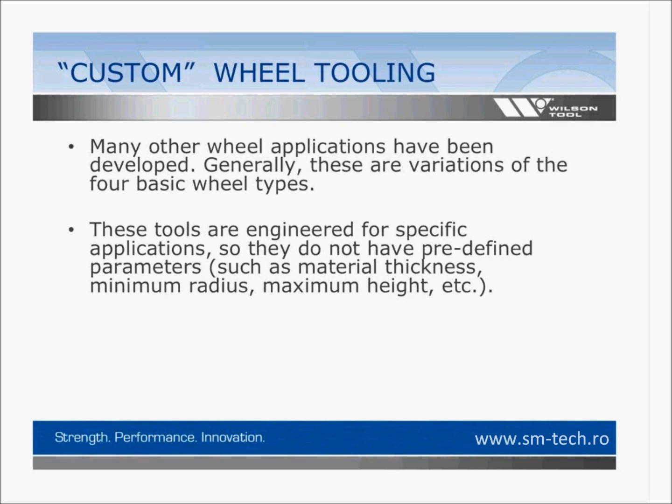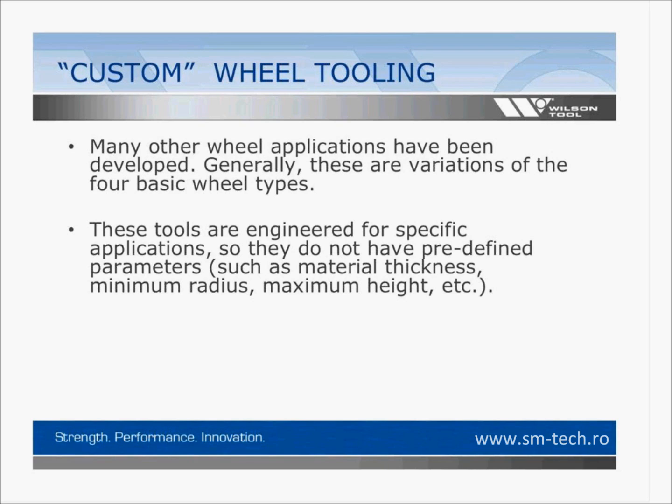We just talked about four basic wheel tool types: the rolling shear, the rolling picture, rolling rib, and the rolling offset. Those are the four basic wheel types. There's also a lot of different things we do with wheels that I throw in this custom wheel tool category. These are basically variations of the four that we already talked about, but they don't quite fall into those specific parameters.